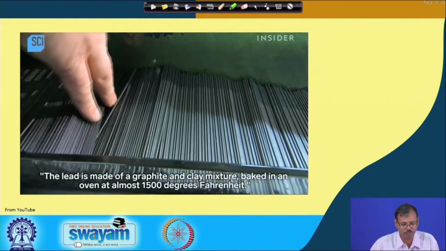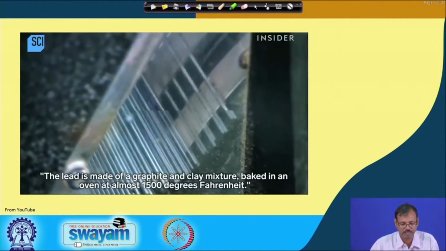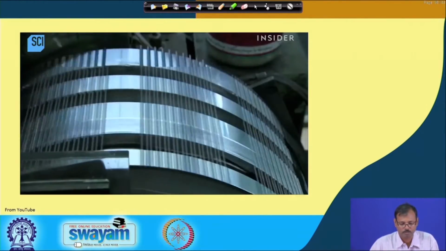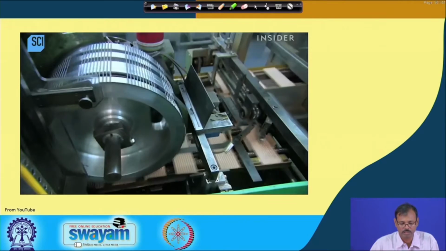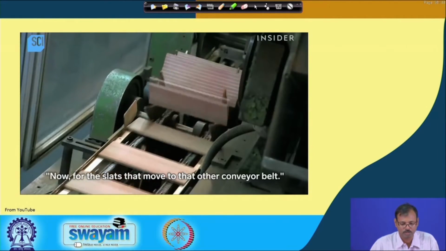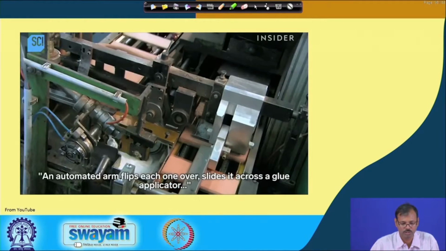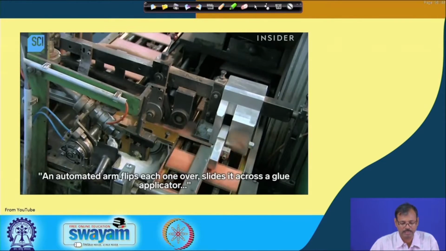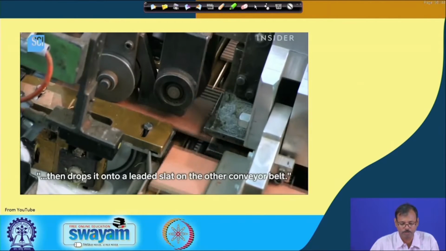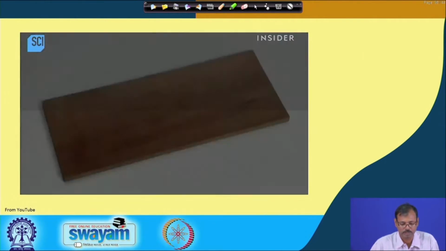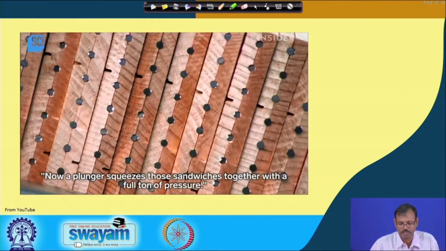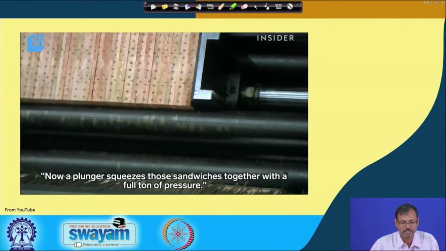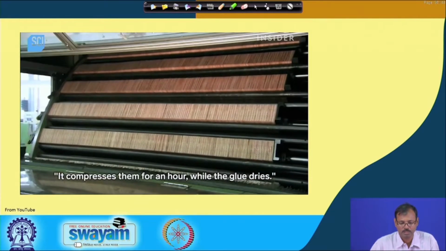You see these are already manufactured graphite and clay mixture. See, these are placed automatically on those glue grooves, and then another flip of wood will be placed on that, and so these leads are covered with the other wooden piece, and finally these are set like this, so that a pencil can be formed.